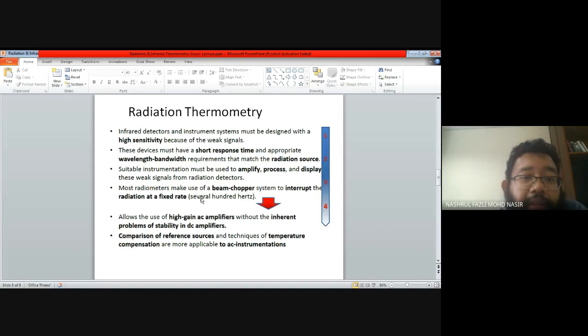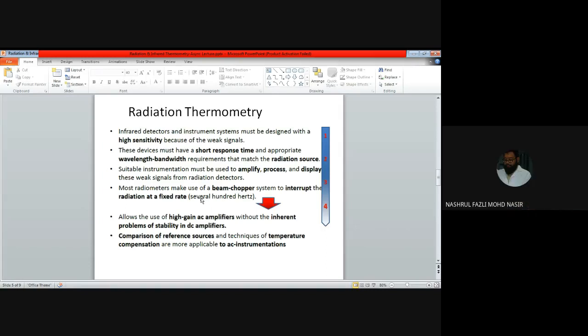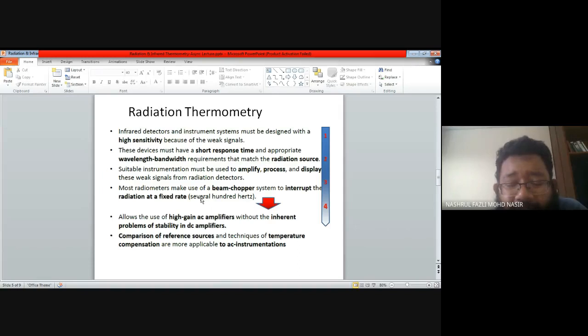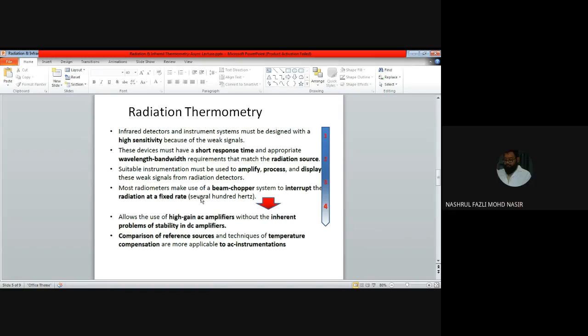If you need accuracy and precision, the thermometer that you are going to develop must have a short response time, and appropriate wavelength bandwidth requirements that match the radiation source.